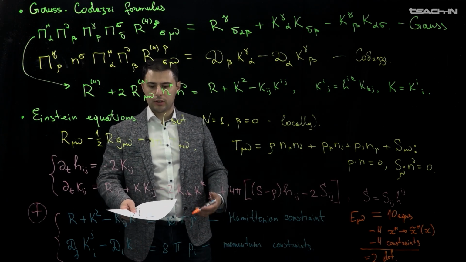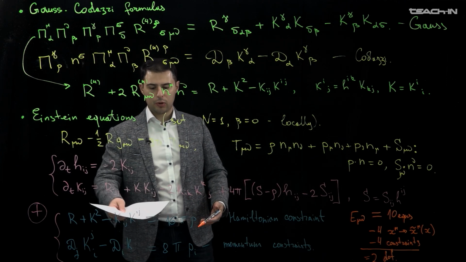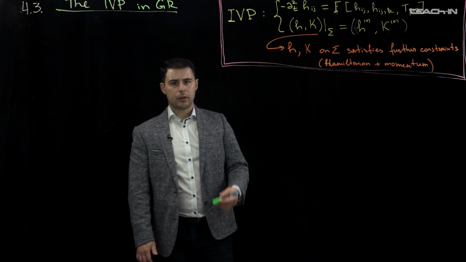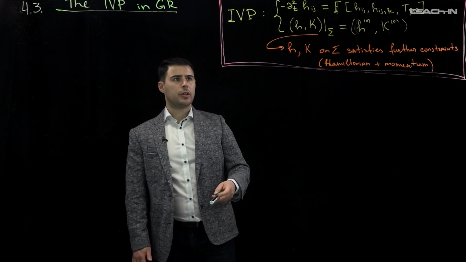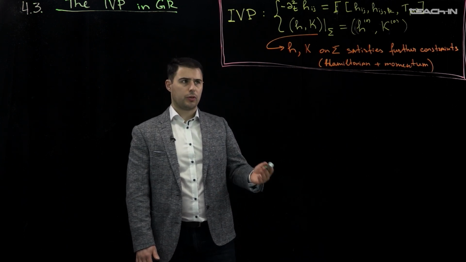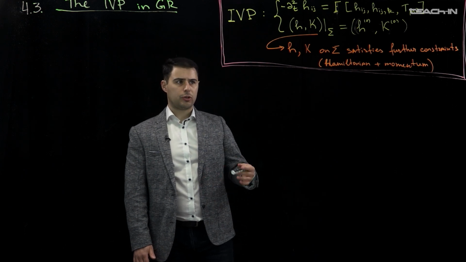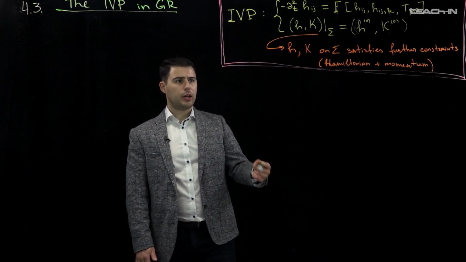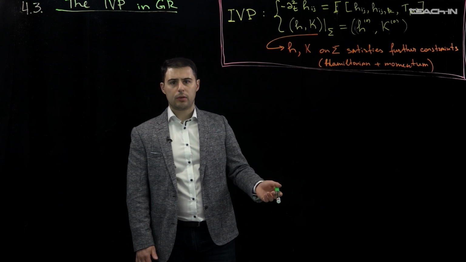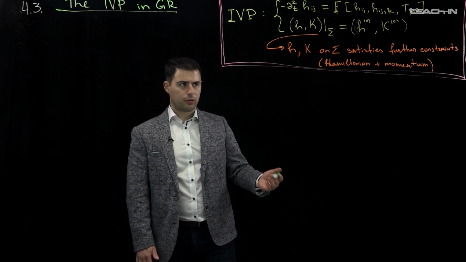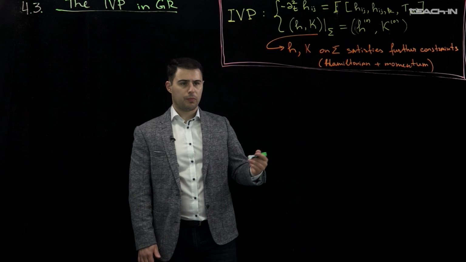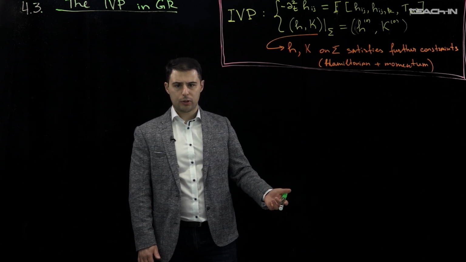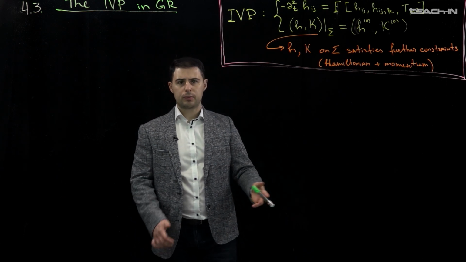The initial data must satisfy the Hamiltonian and the momentum constraints. To summarize the previous subsection, the initial value problem is given by the hyperbolic equation and the boundary data, where h and k on the partial Cauchy surface must satisfy further constraints, the Hamiltonian and the momentum constraints.